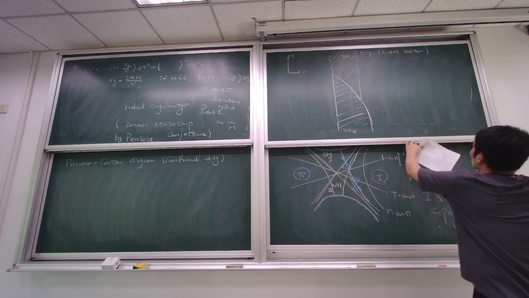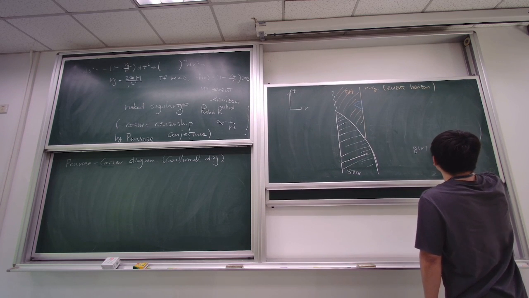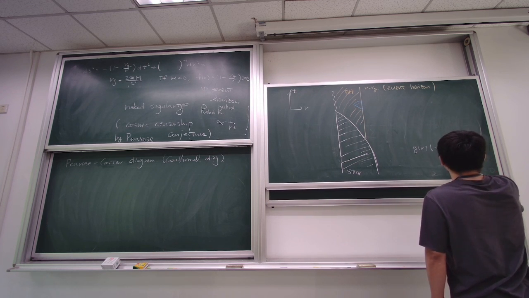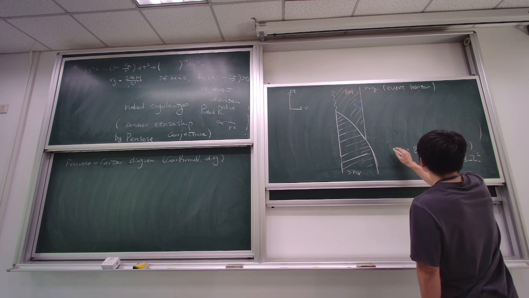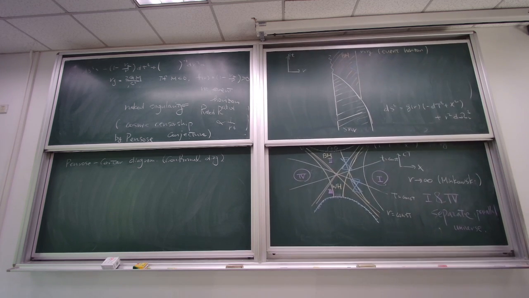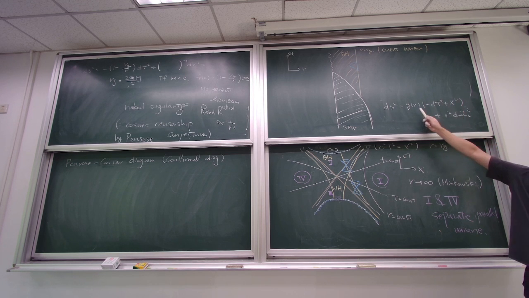If you use the Kruskal coordinate, you have some function g of r, times minus dT squared plus dX squared, plus r squared d omega 2 squared, and so on. That's what we encounter for the Schwarzschild metric. And here, as I mentioned, is a flat coordinate up to some factor.